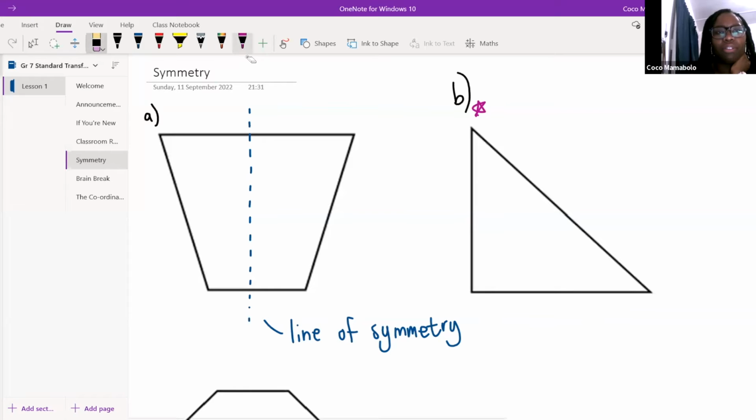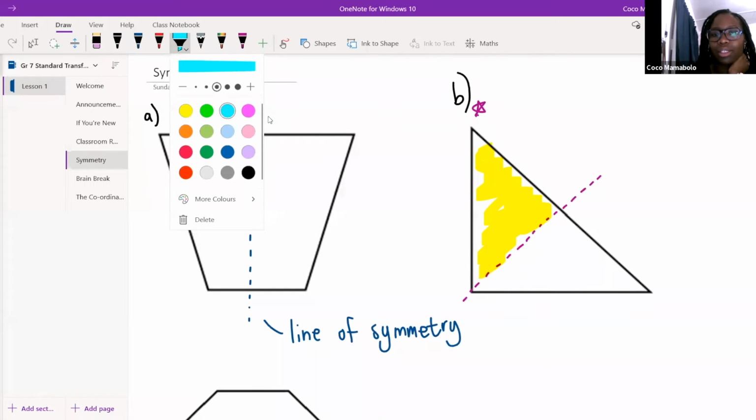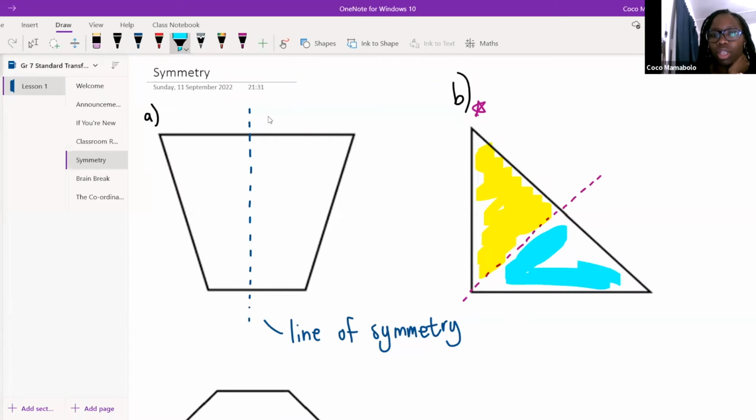However, if I draw it this way, from here to there, this shape ends up looking like this side of the shape. So how many lines of symmetry does this shape have? Exactly 1. I hope that makes sense.